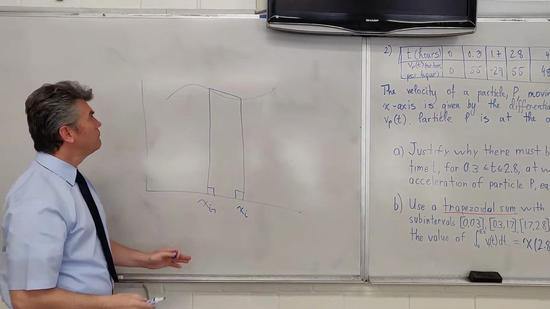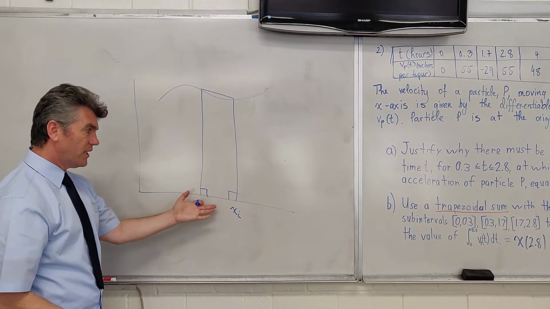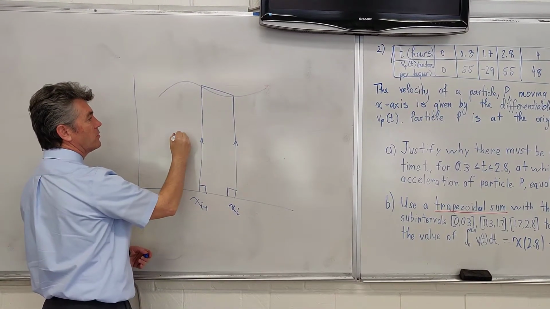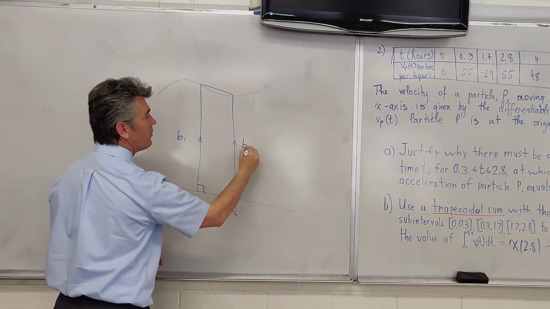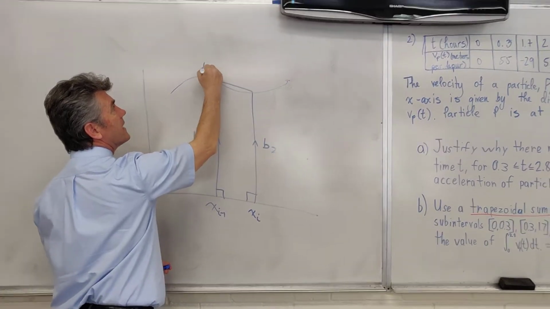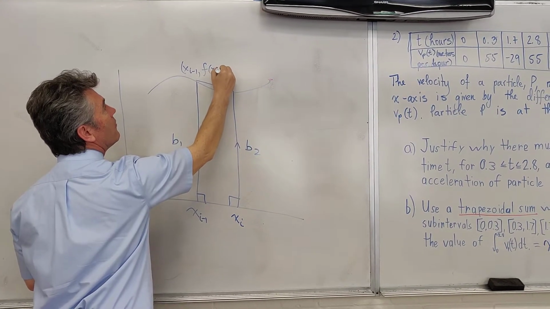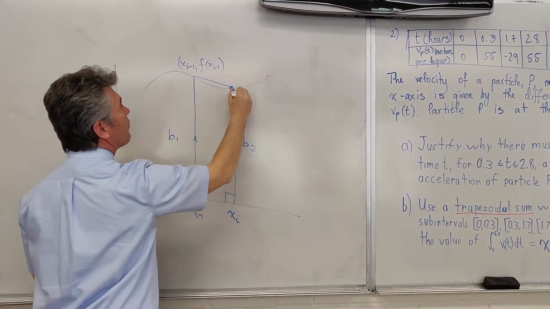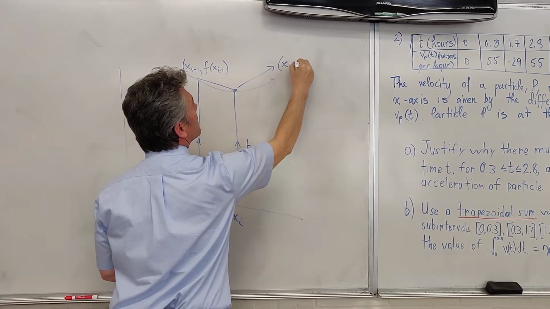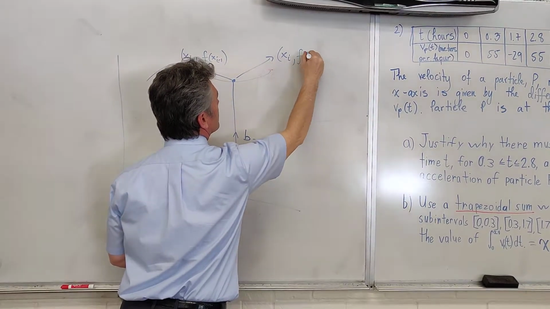The two vertical lines are perpendicular to the x-axis, which means those are the bases of the trapezoid. This is your b sub 1, this is your b sub 2. This point is x sub i minus 1 and f of x sub i minus 1, and this other point has coordinates x sub i and f of x sub i.